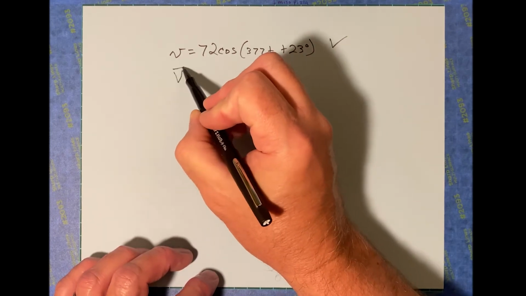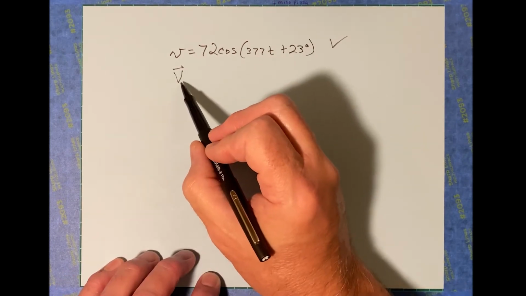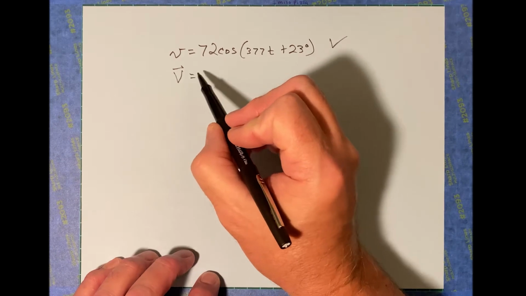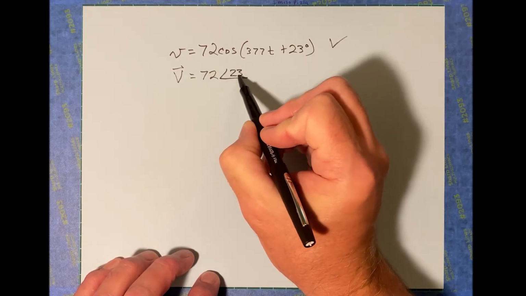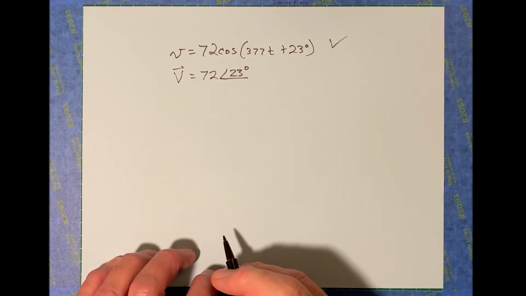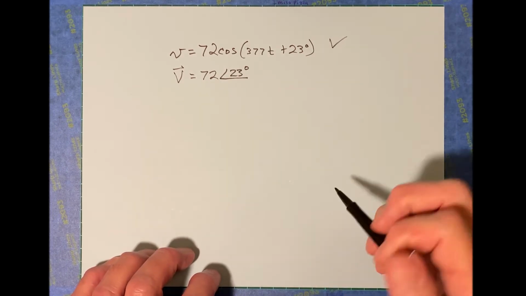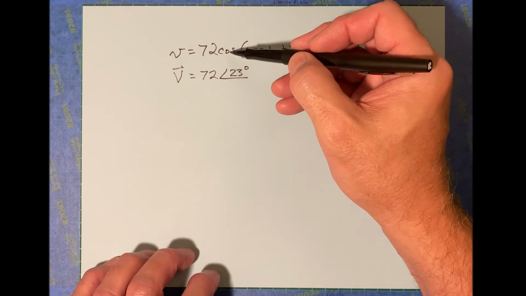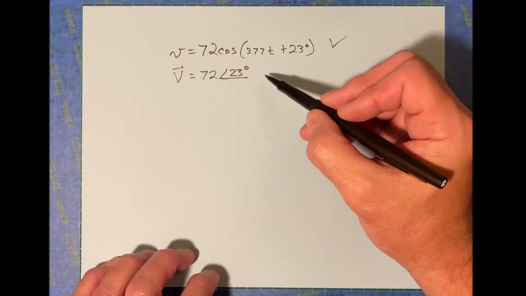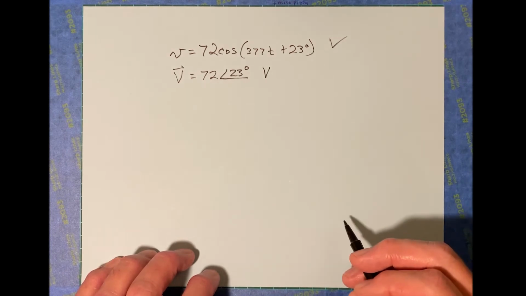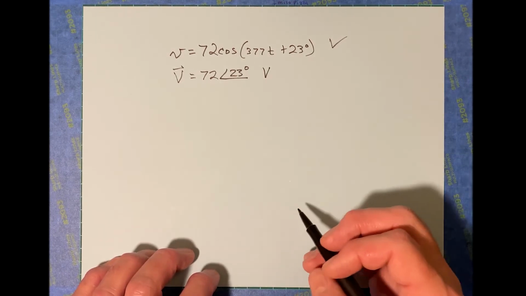In other words, I want to find v phasor. It's just equal to 72 angle 23 degrees. And that's it. So I have transformed from the time domain into the frequency domain. The units would still be volts. And that's it. You've just done a transformation.